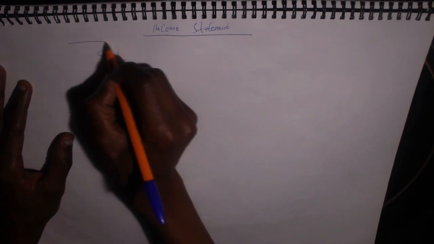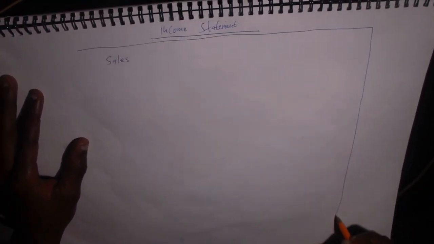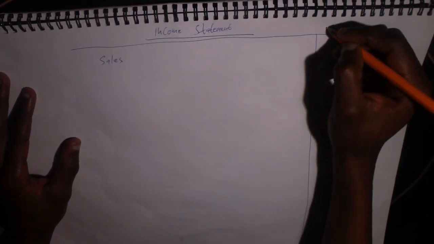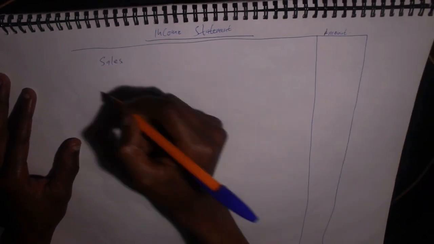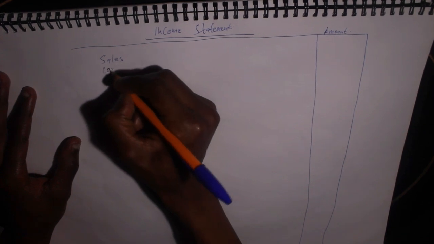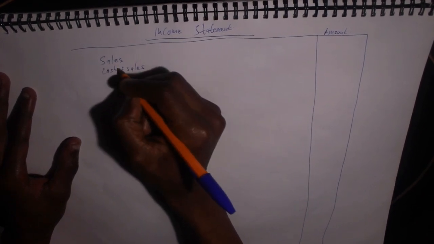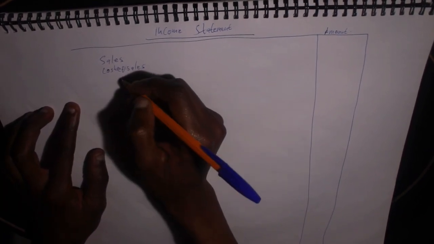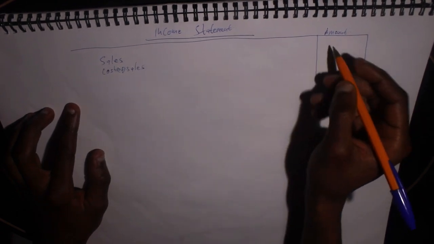Basically, your income statement will look like this. This is the amount section. So now this is the format. It's sales followed by cost of sales. Normally, we all know what sales is.